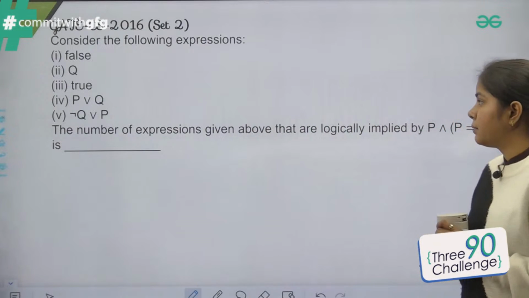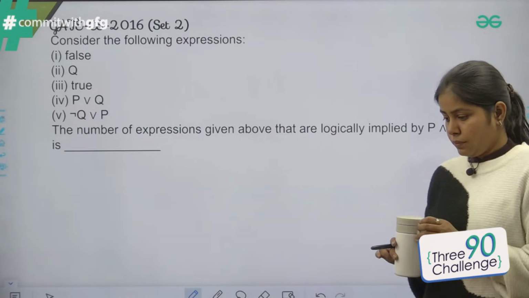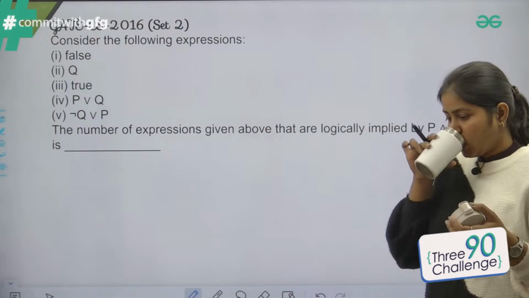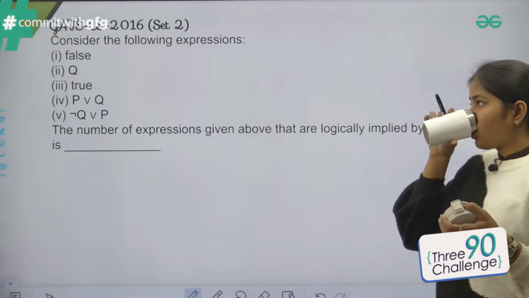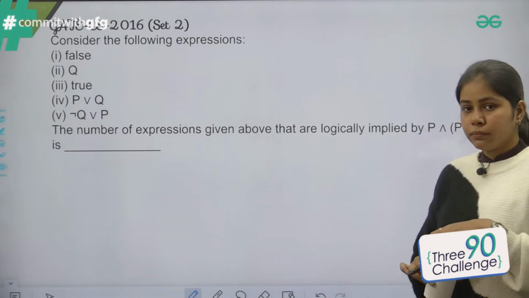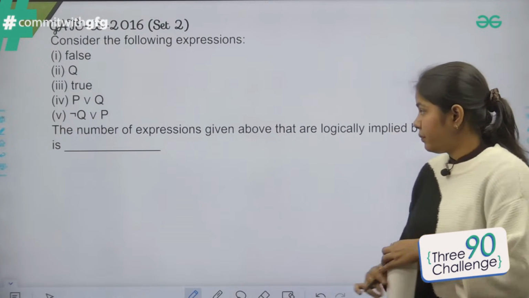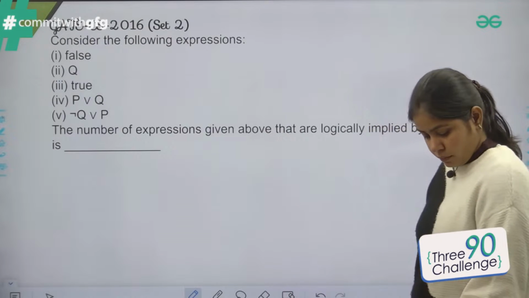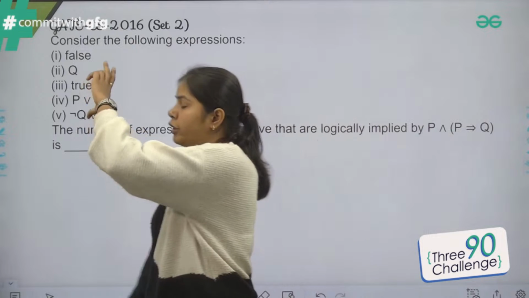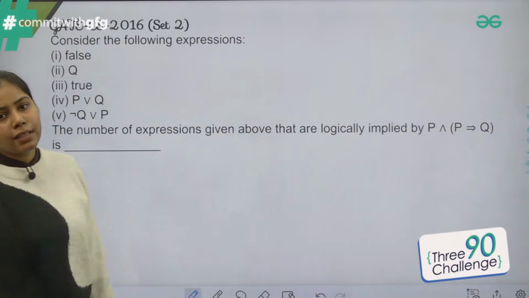So the question is asking how many of the above five statements are implied by P and (P implication Q). I just want to know that.